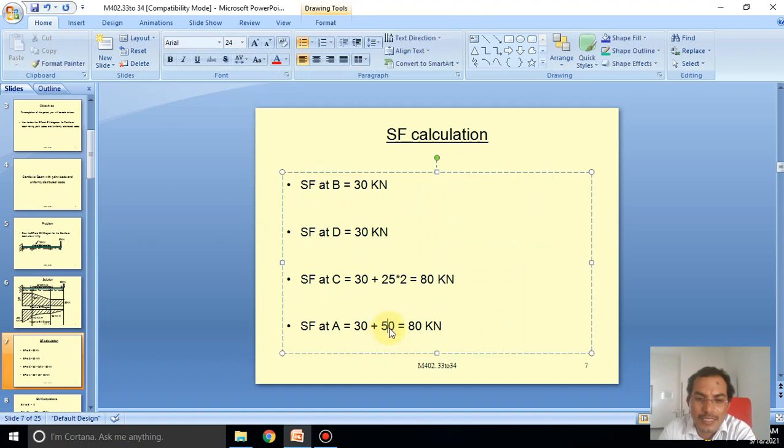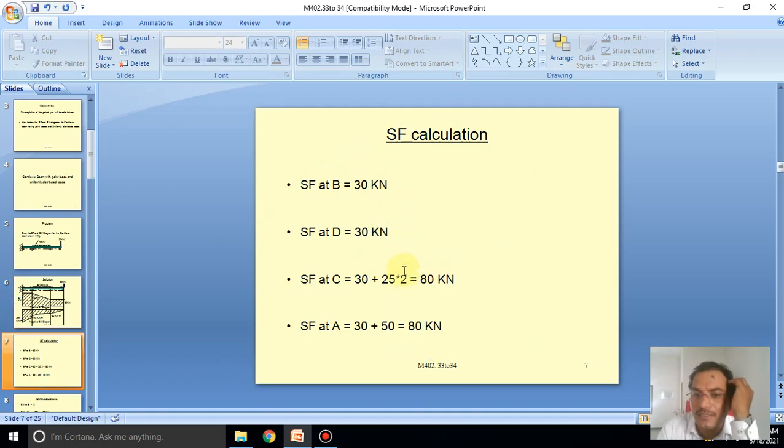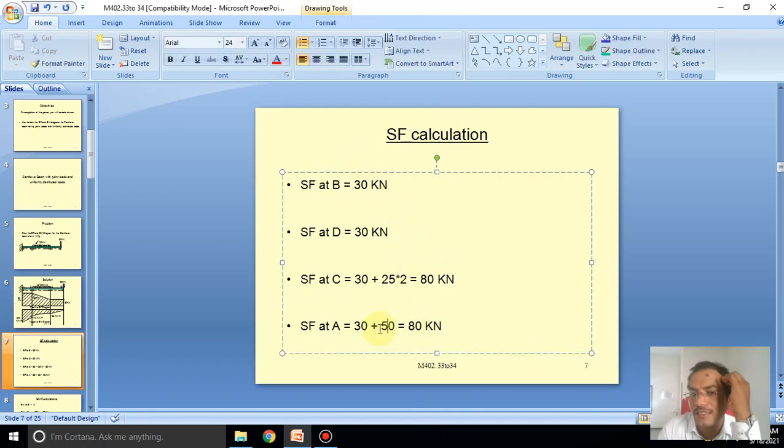Only the length 2 is considered, not the distance in front. At the C point the load is the same, and at the A point it is also the same: 30 plus 50 is equal to 80 kilonewton. That is the answer.